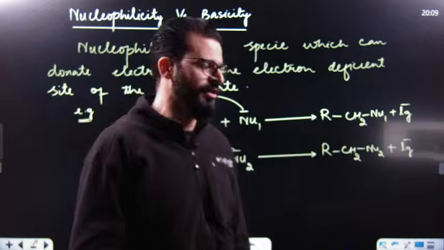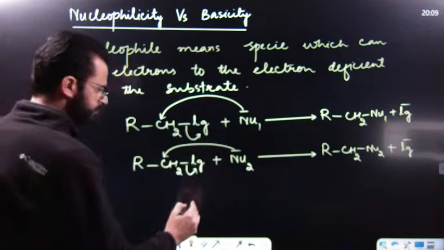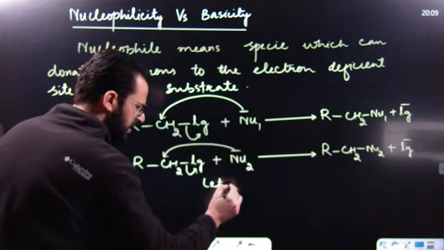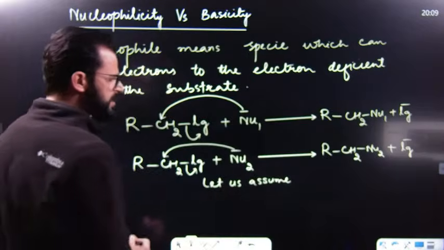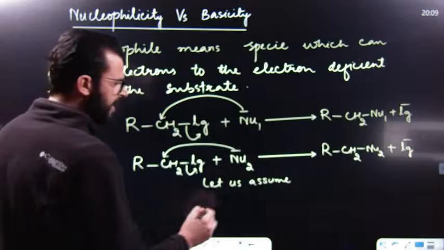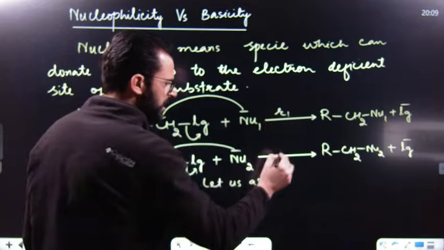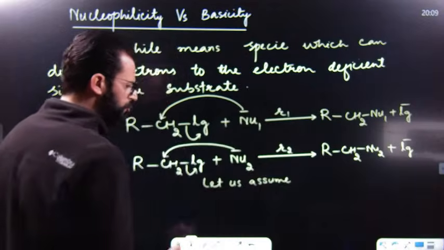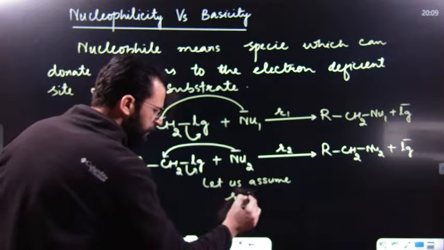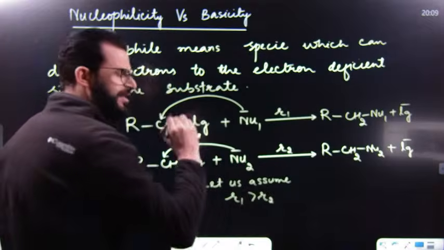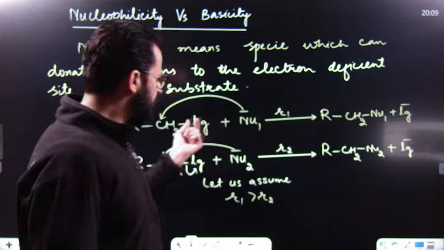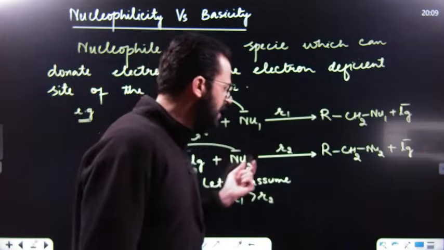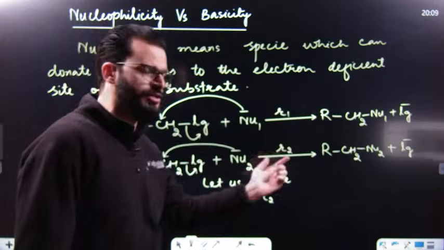Now listen carefully. Let us assume that the rate for this reaction is R1 and for this reaction it's R2. Let us assume that the rate of the first reaction is greater than the rate of the second reaction.